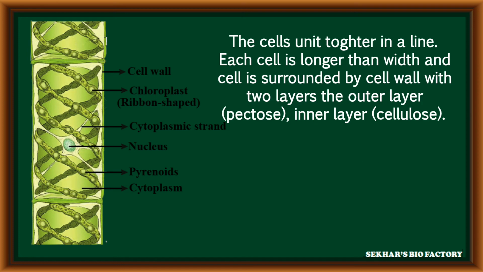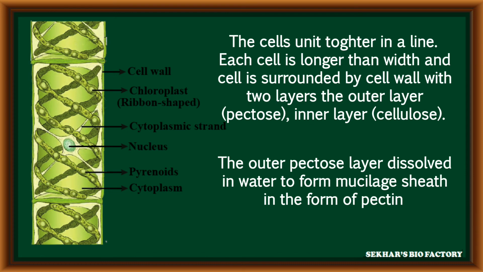The cells unite together in a line and each cell is longer than its width. The cell is surrounded by a cell wall with two layers. The outer layer is made up of pectose and the inner layer is made up of cellulose. This outer layer of pectose dissolves in water to form a mucilage sheath in the form of pectin.